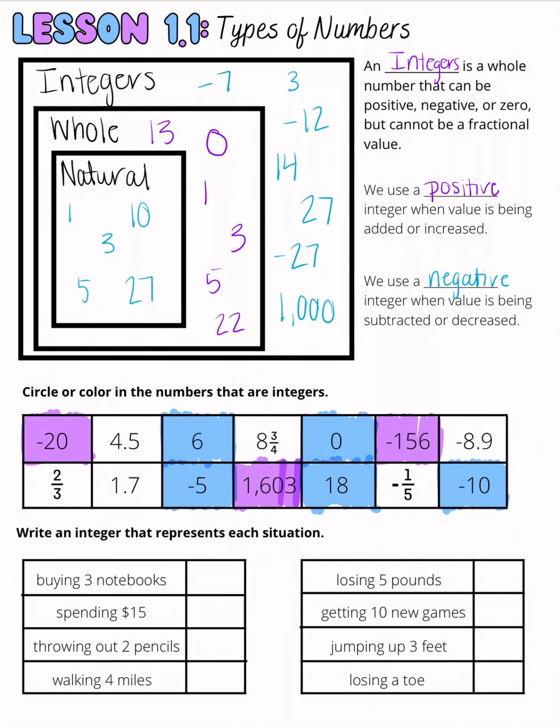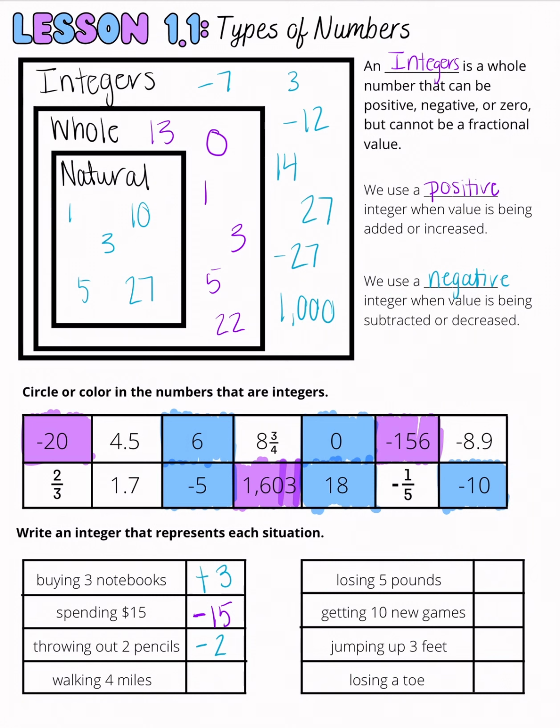Okay, so then the other thing we can do is write an integer for each situation. If I'm buying 3 notebooks, then I'm gaining them, so that would be a positive 3, right? Or if I'm spending $15, that would be a negative 15, because I'm spending it, that means I'm losing it. It's not going out, it's going away. Throwing out 2 pencils, I lost 2 pencils, that's minus 2.